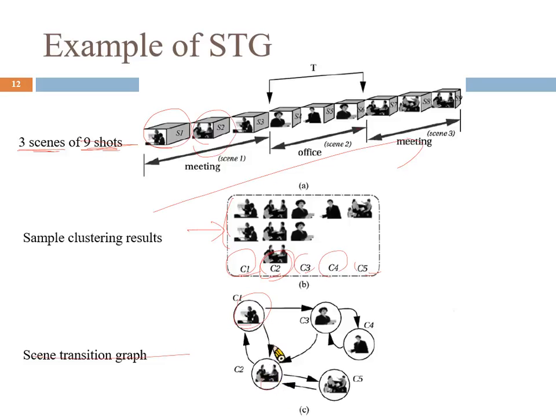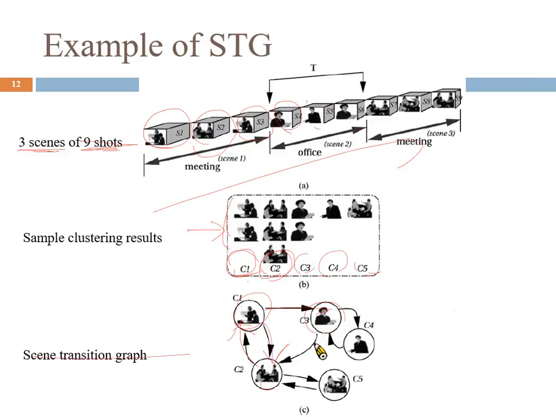This is why there is a directed edge from C1 to C2. And then S3 belongs to C1 again. So S2 belonging to C2 immediately precedes S3 belonging to C1, so there is also a directed edge from C2 to C1. And then we go to S4. S4 belongs to C3, so C1 points to C3.